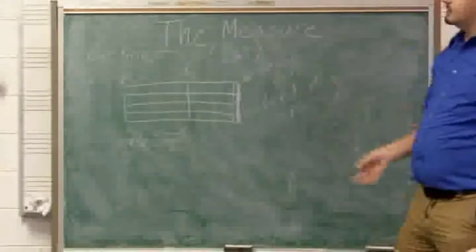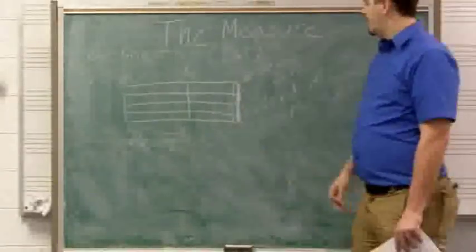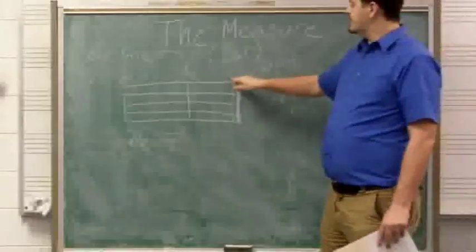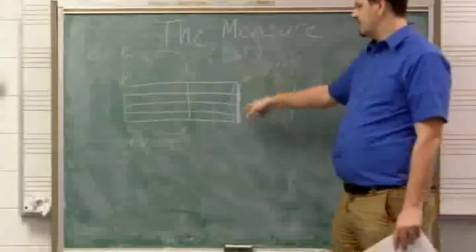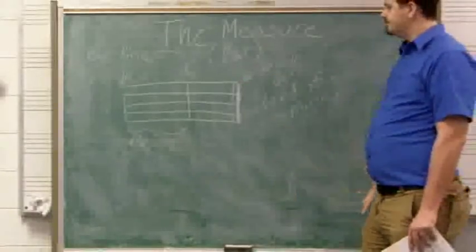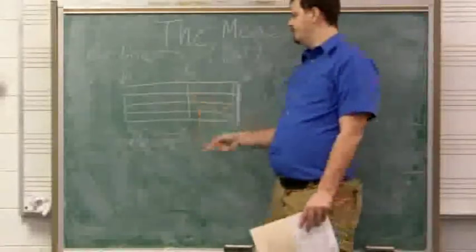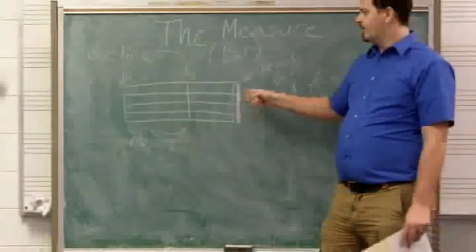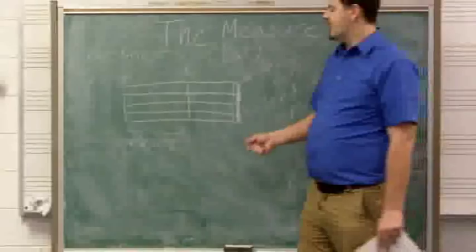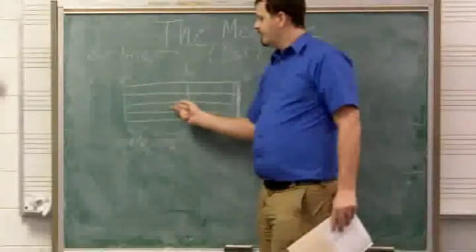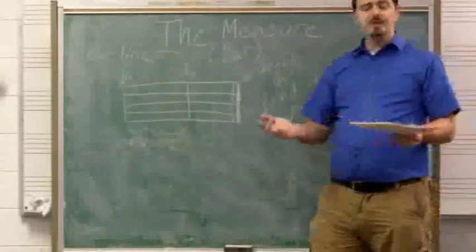When I'm writing these notes, it'd be good for you to write them down for yourself as well. This would count as 2 bar lines essentially. So if I ask you how many bar lines you see here, you say 1, 2, and then 3 and 4. But of course these are your last bar lines. And if I ask you how many measures you see here, we've created 2 measures. All right, that's really it.